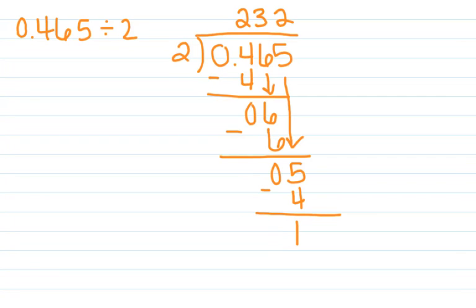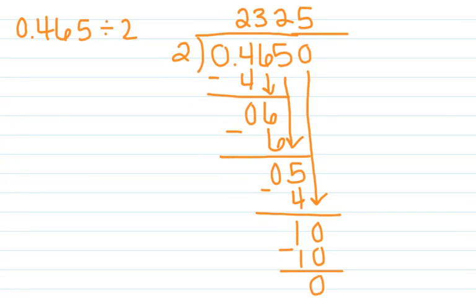But now, just like last time, I have nothing left to bring down, so I'm just going to extend this out, and I can add a 0, because that doesn't change the value of my decimal here. So I bring down a 0. Now I want to know how many times does 2 go into 10. It goes in 5 times. 2 times 5 is 10, and I get a remainder of 0 here.